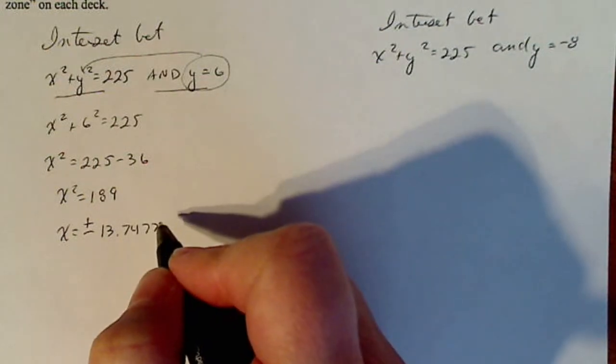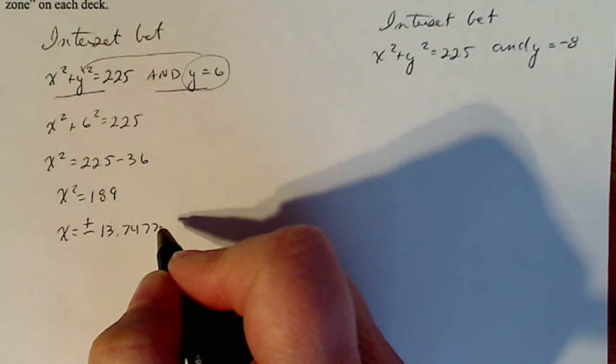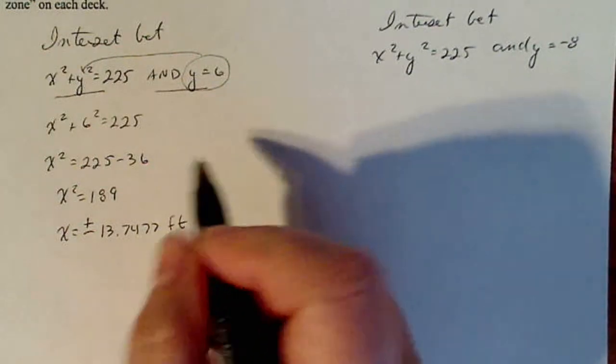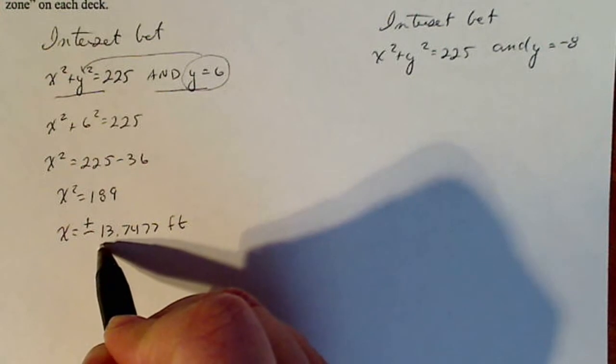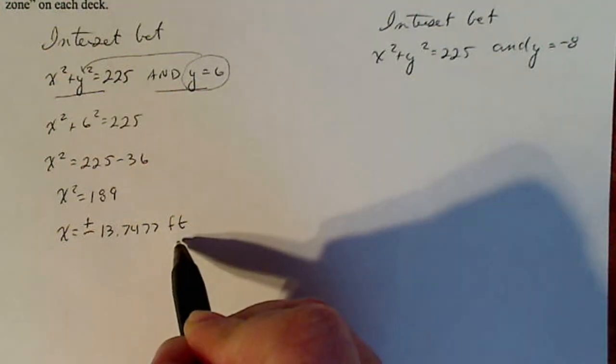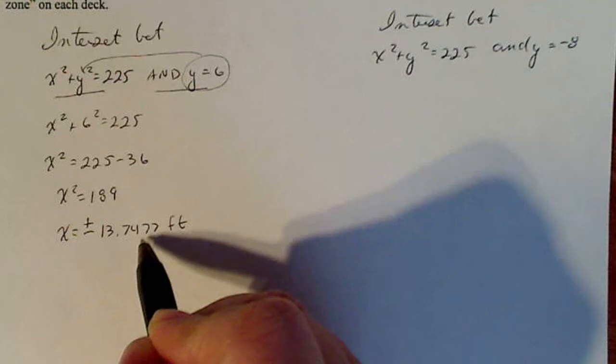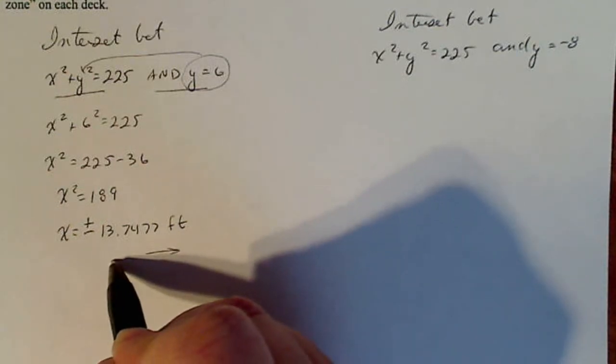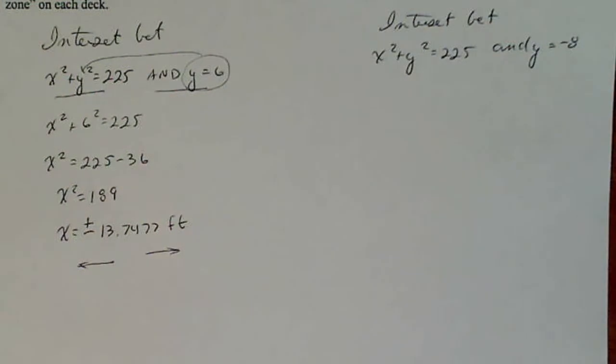Everything is in terms of feet. From the center, on the upper deck A, I'm going to be painting the line 13.7477 feet in this direction, and 13.7477 feet in this direction.